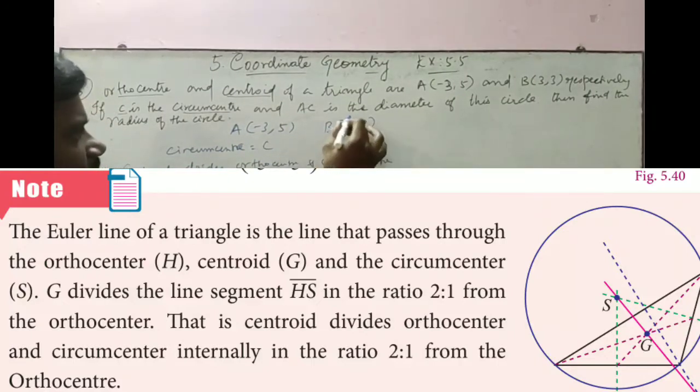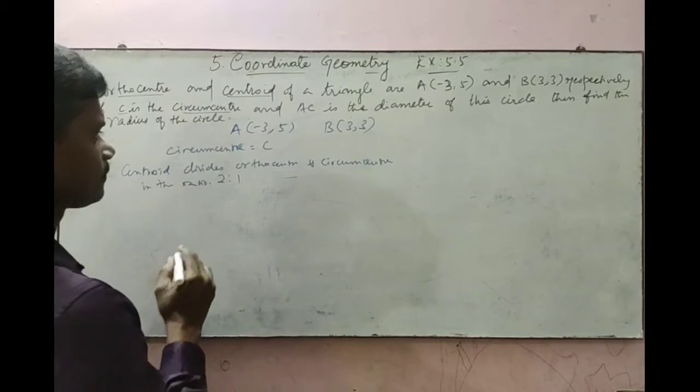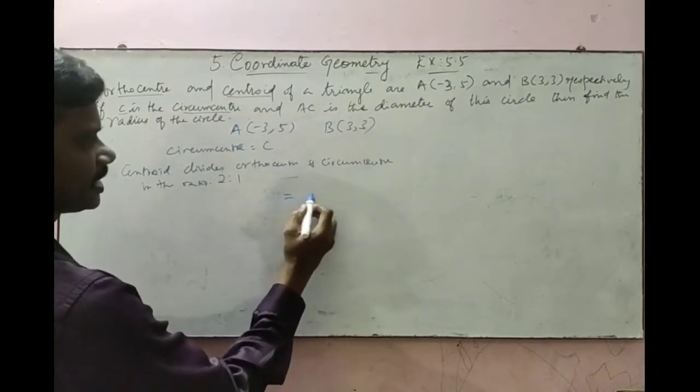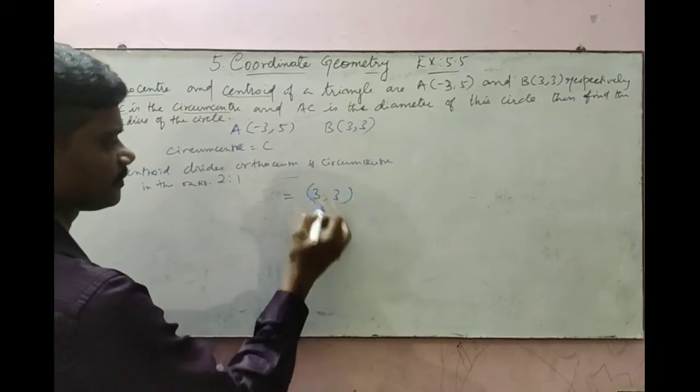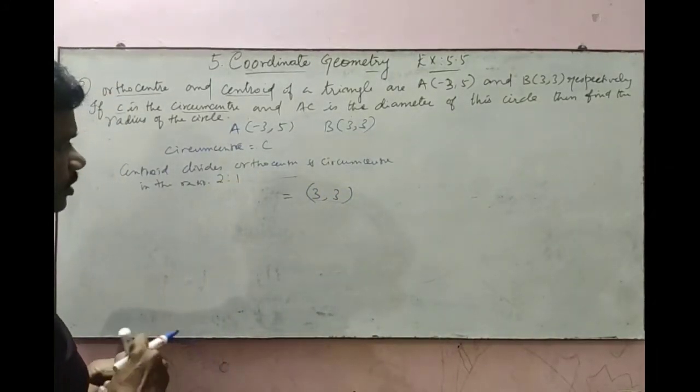So this is the centroid and this is the orthocenter and this is the circumcenter. So centroid should be taken in the answer side, 3 comma 3. 2:1. We have to use the section formula here.